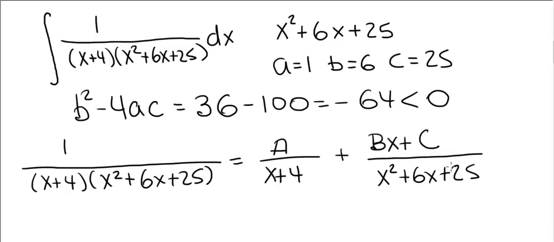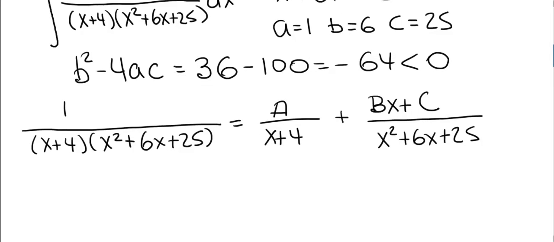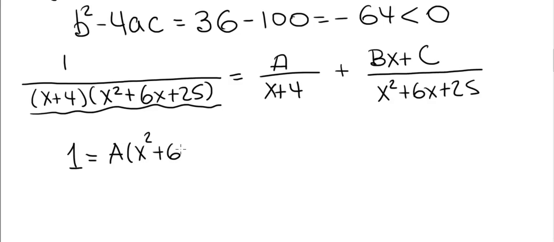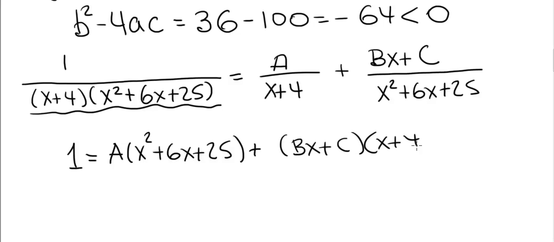Multiply both sides by the denominator on the left side, and we have 1 on the left, and on the right, A times x squared plus 6x plus 25 plus bx plus c times x plus 4.